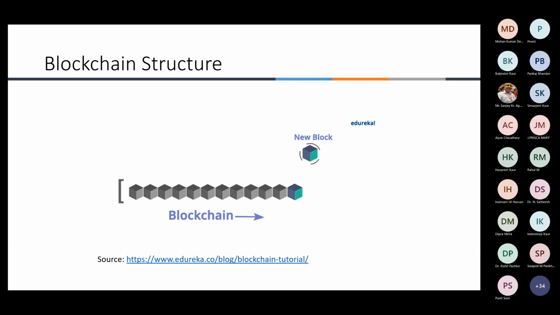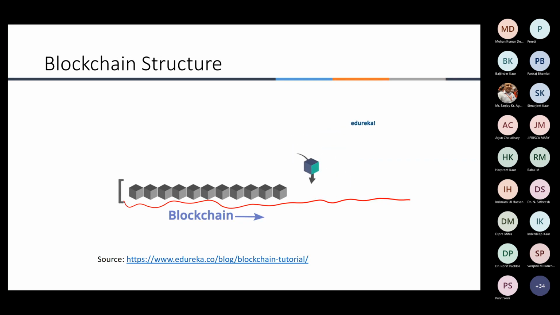So in a nutshell, this is the overall structure of how a new block is added. Once those blocks have been validated, they are placed at the end of the chain, and the size of the chain goes on increasing. On the Ethereum platform, after every 10 to 15 minutes we have a new block added at the end of the chain, and you can see how large that size would be, because it's a public blockchain network.